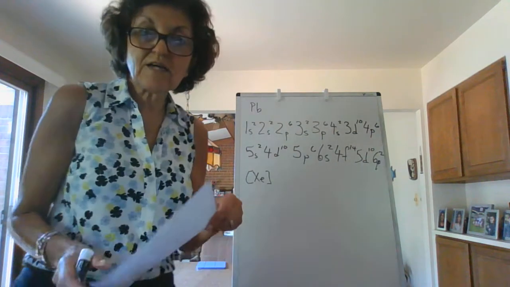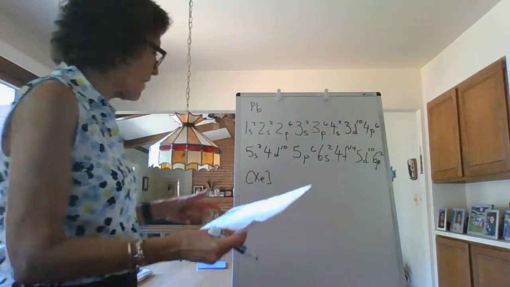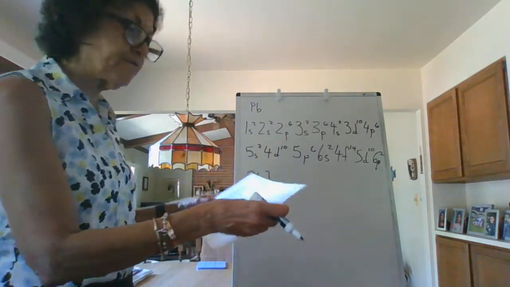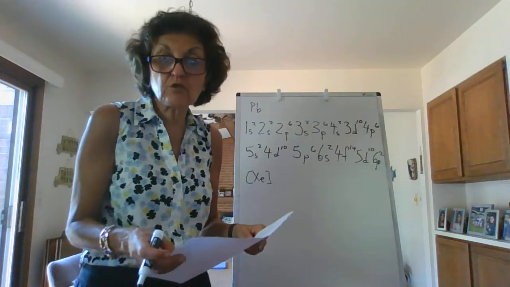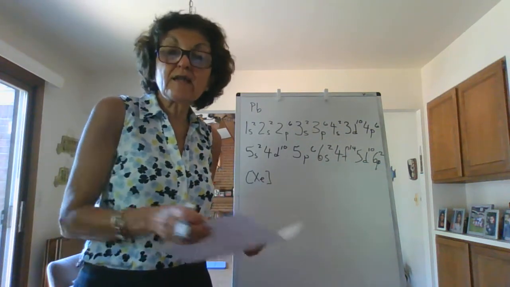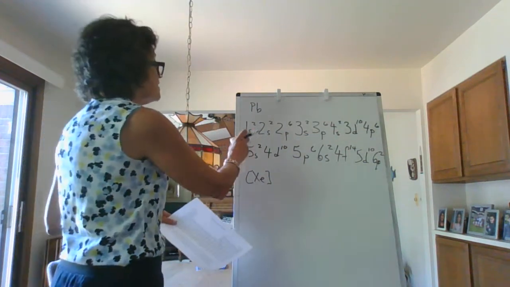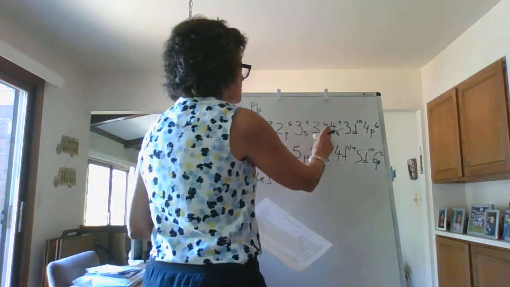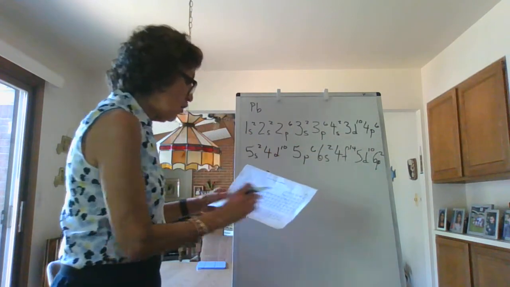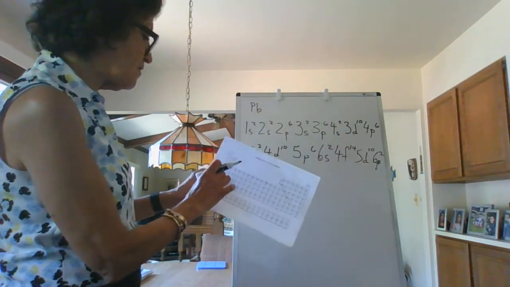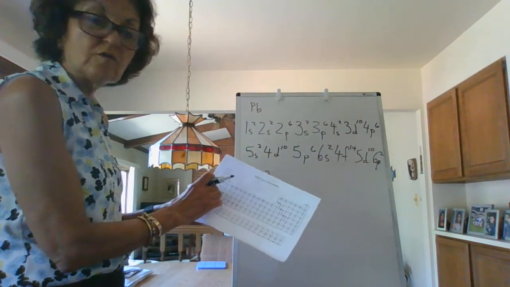If we just write xenon in those brackets, that accounts for the first 54 electrons that xenon and lead share. So we don't have to write 1s2, 2s2, 2p6, 3s2, all of this. We start right after xenon with 6s2.